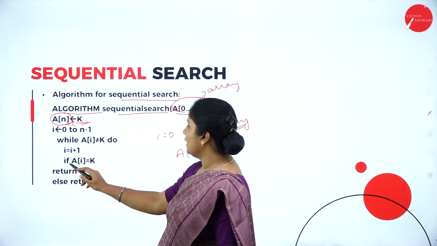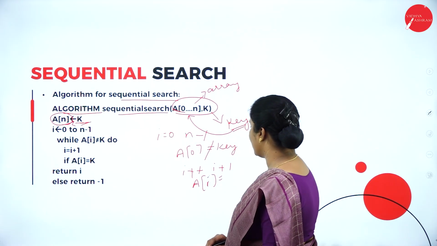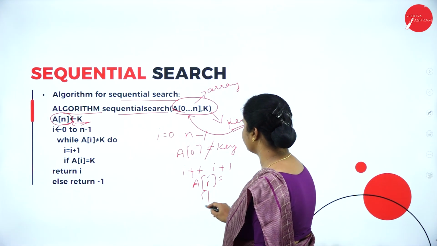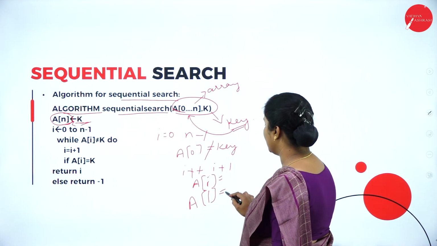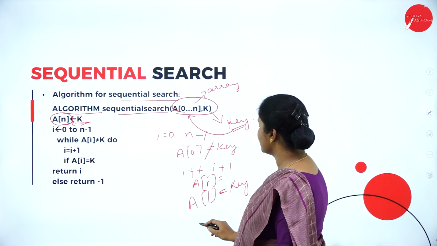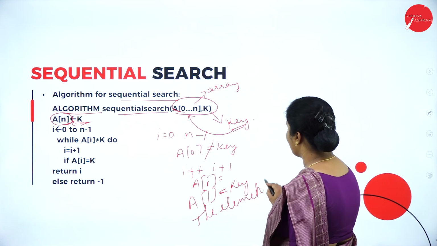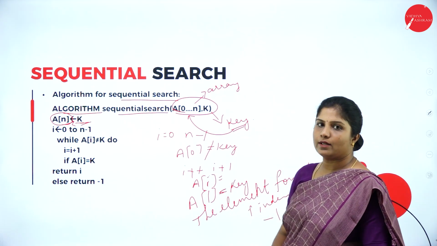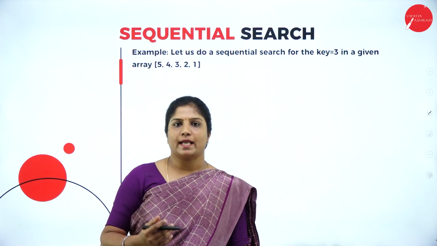If a of i is equal to k, that is, after I have incremented i, now i will be 1, whichever element is present at a of 1, if it is equal to the given key, then it displays element found, else return minus 1.